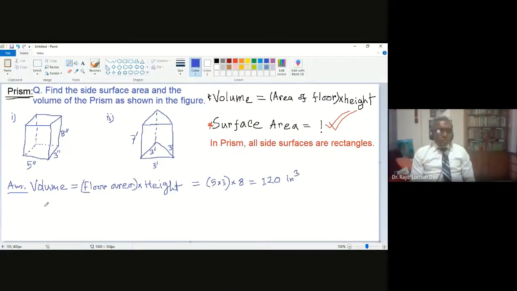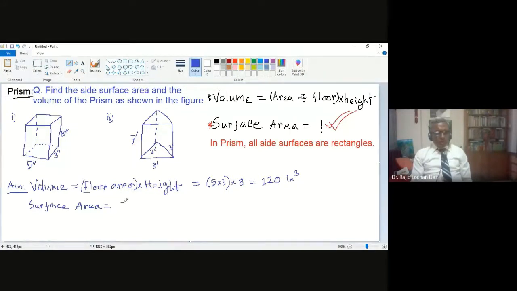Okay, so the surface area. So another part is surface area. So you find out all surface area together. So what will be the bottom one?